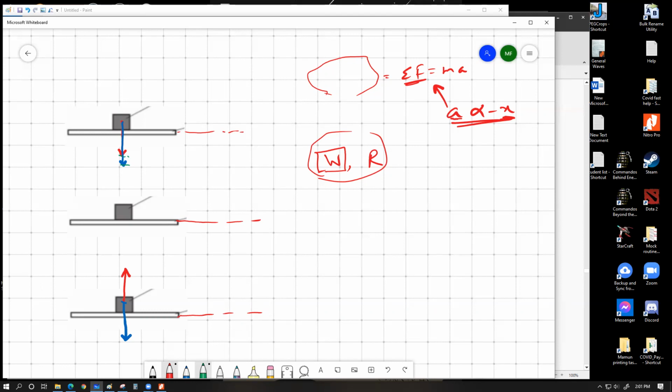So it will exert that much force onto the table. And by Newton's third law, you are going to get that much reaction force onto the cube in the upward direction as well. This is the force from the cube on the plate. And by Newton's third law, the plate will also apply an equal amount of upward force on the cube.